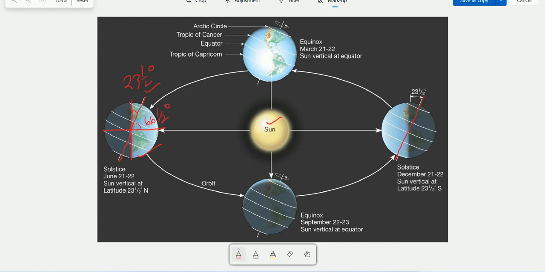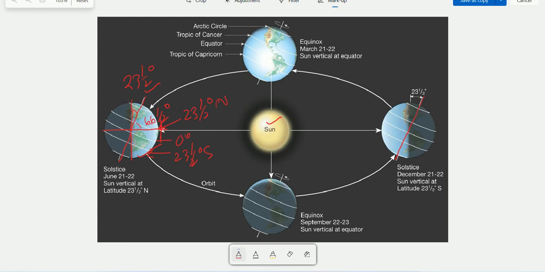On this day, the sun's ray is vertical at the tropic of Cancer, that is 23.5 degrees north. This is the equator, and this is the tropic of Capricorn, that is 23.5 degrees south. So on June 21 or 22, the sun's ray will be vertical at the tropic of Cancer.